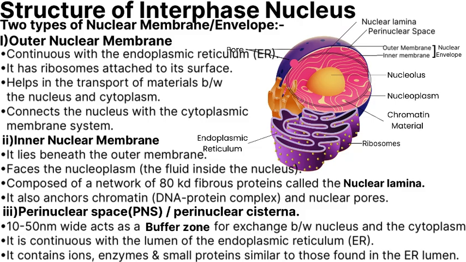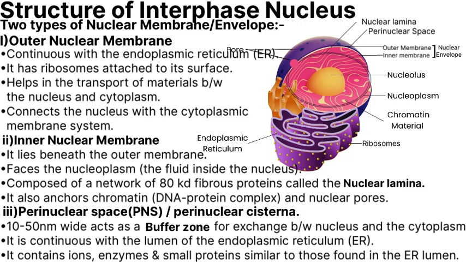They both are different from each other on the basis of their structure and function. The outer nuclear membrane is different from the inner nuclear membrane on the basis of their chemical composition and the functions they perform. Let's see them. We saw how the outer membrane is in direct contact with the ER, but the inner membrane is not, and simultaneously, as per their structure, they have different functions to perform.